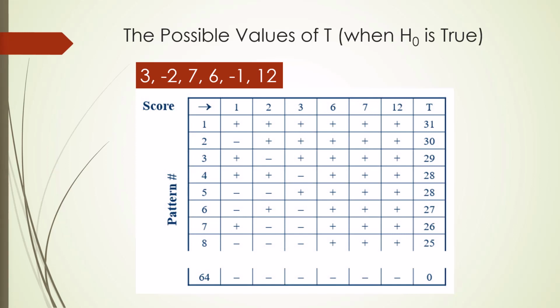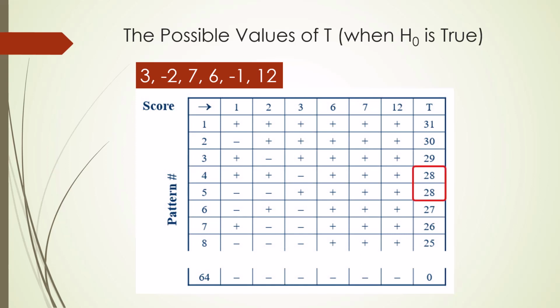So let's look again at the data that we're using for this example. In this case, we're going to add up 3, 7, 6, and 12. That gives us 28. If you look at the table, we see that 28 can occur 2 different ways.